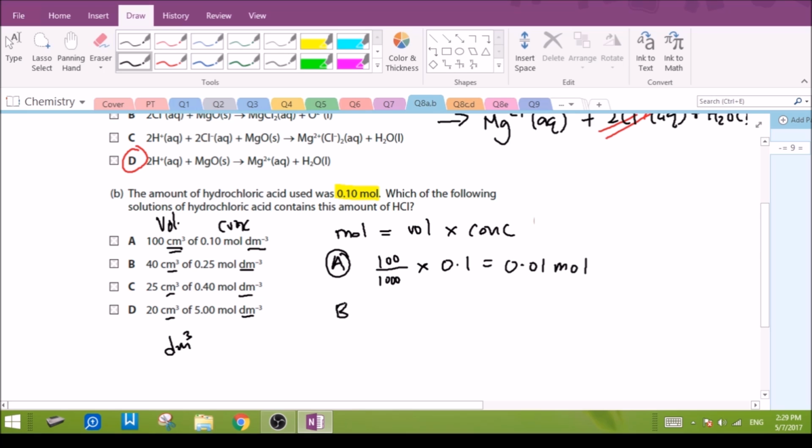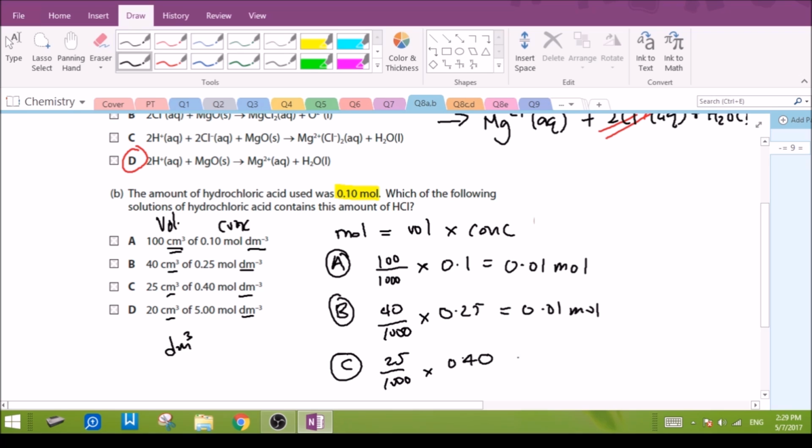For B, same approach, volume multiplied by the concentration. Again, we get 0.01 moles. C, volume multiplied by concentration, 0.01 moles again. So it should be D. Let's check. 20 over 1000 multiplied by 5. That will give us the 0.1 moles, which is what we want.